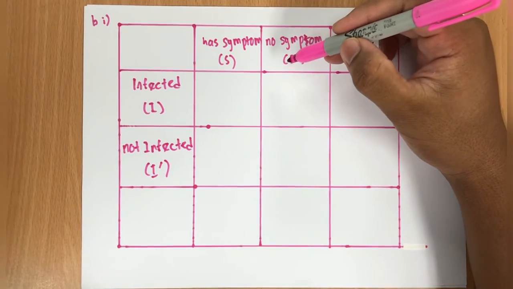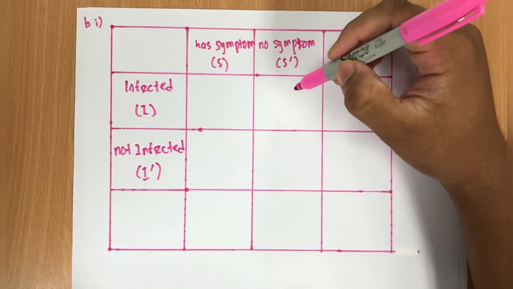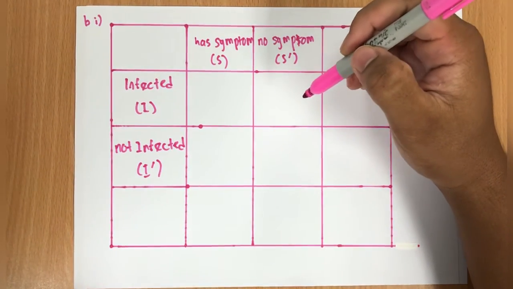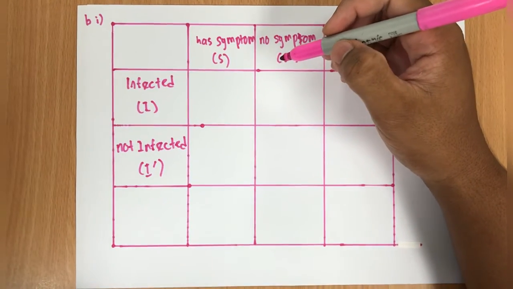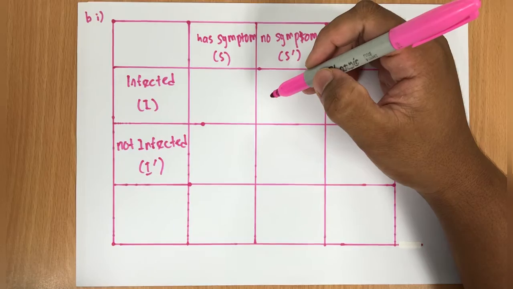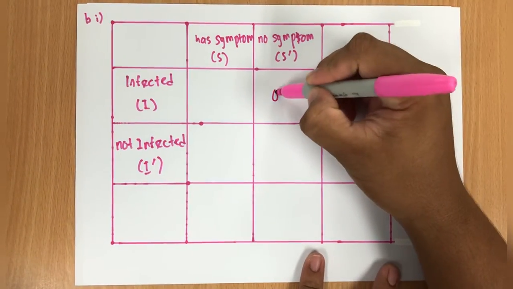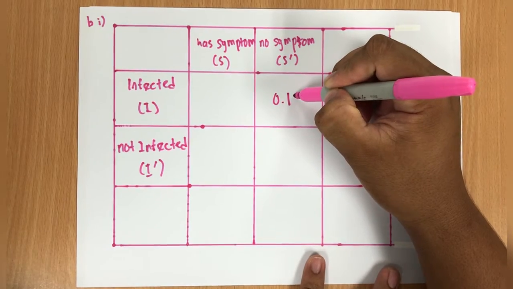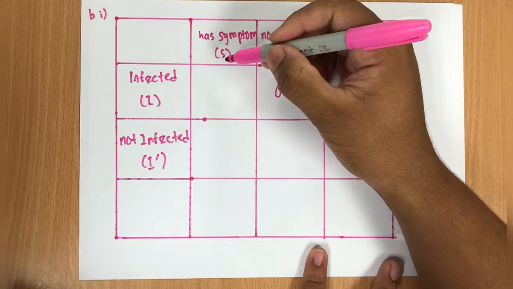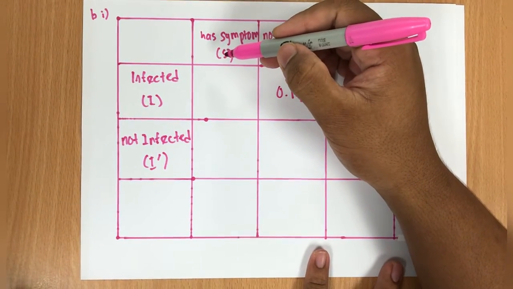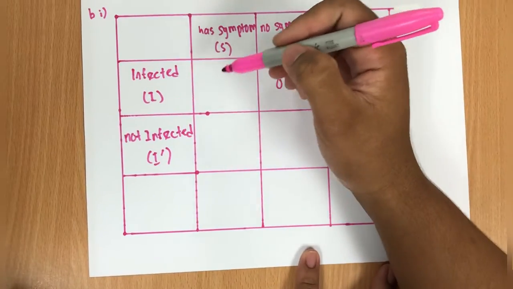A total of 20% of the people who have been infected are free from any symptoms. To get the probability for infected and no symptom, we multiply 20% with 0.7, and we get 0.14. To get the probability for infected and has symptom, we minus 0.14 from 0.7, and we get 0.56.